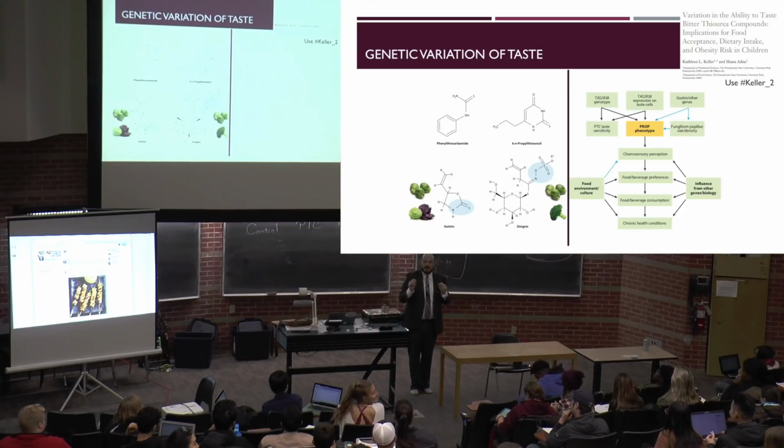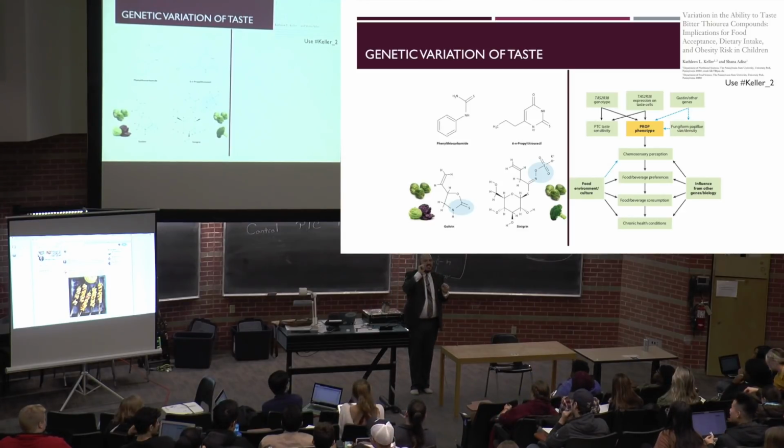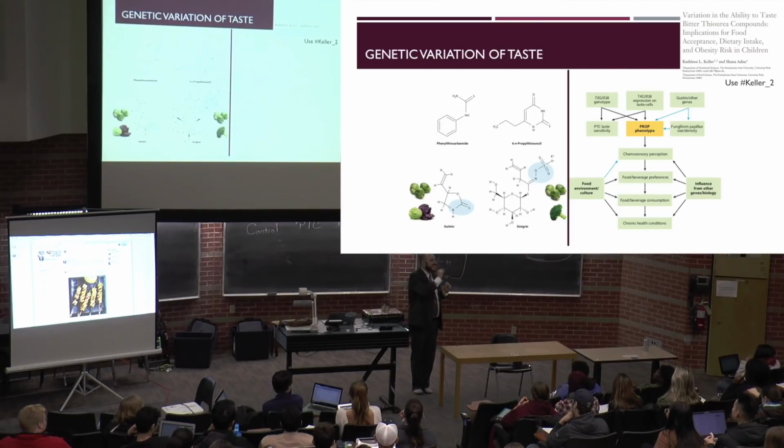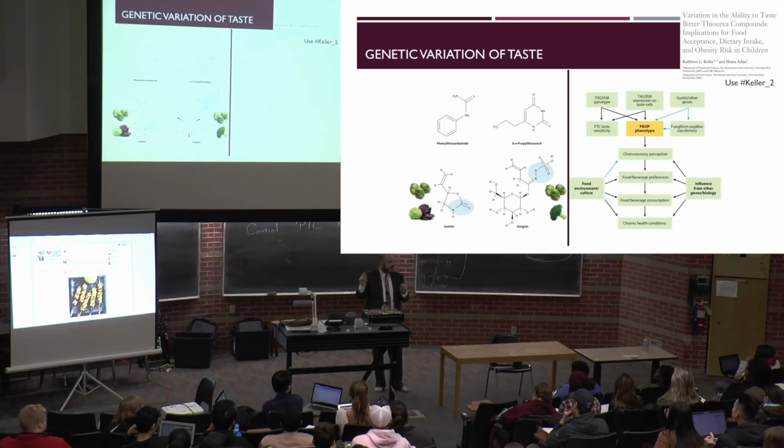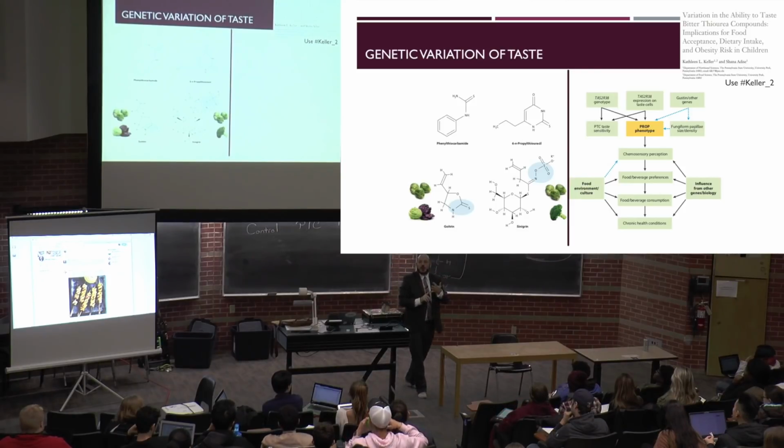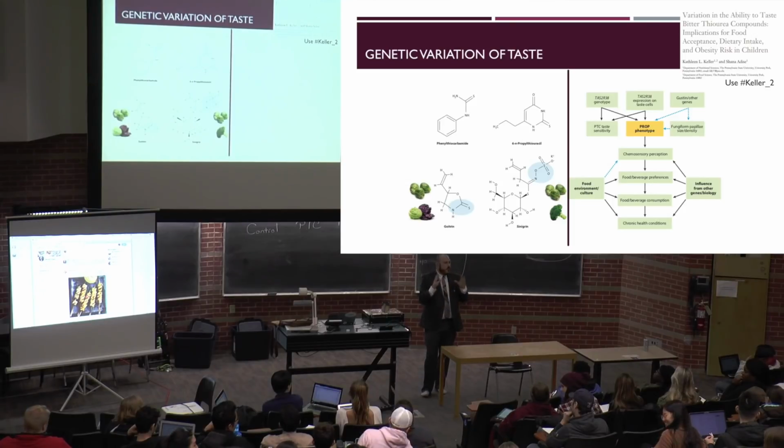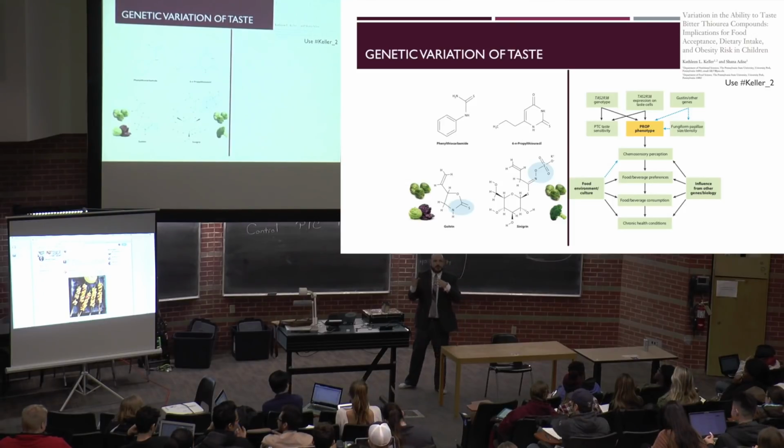Now, what's interesting about that, if you tasted PTC, you are less likely to like foods such as cruciferous vegetables. So you typically don't like things like broccoli, like Brussels sprouts. Those are very adverse foods for you.